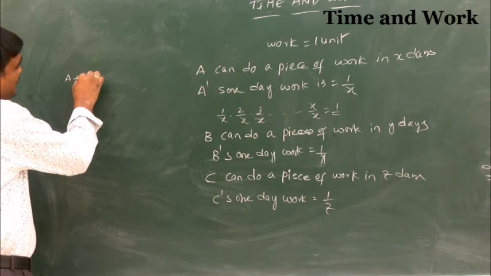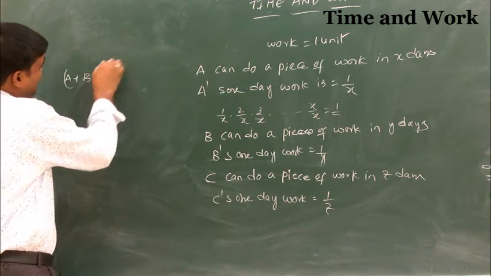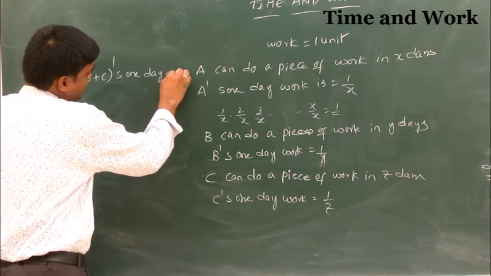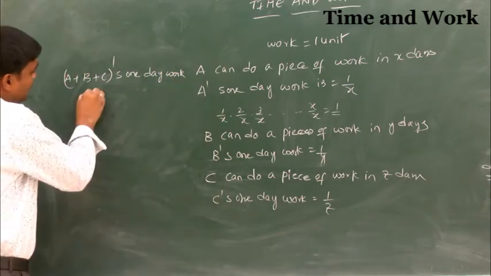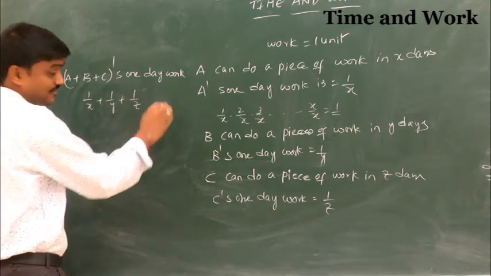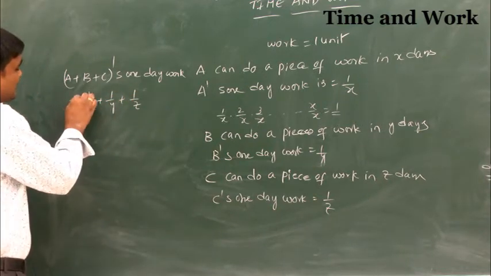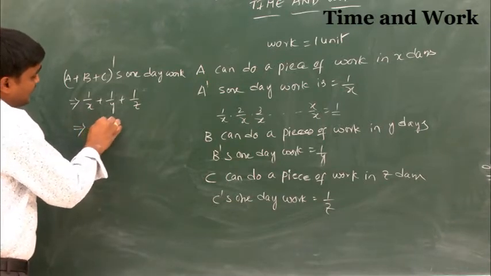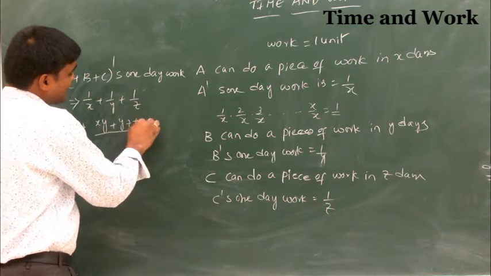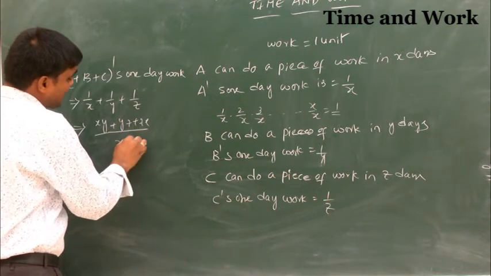A plus B plus C's one day work is 1 by X plus 1 by Y plus 1 by Z. So that is XY plus YZ plus ZX by XYZ.